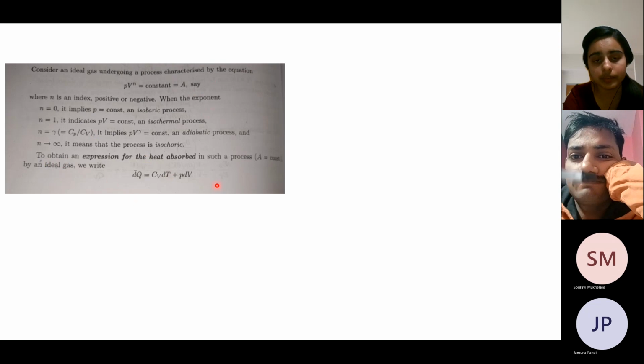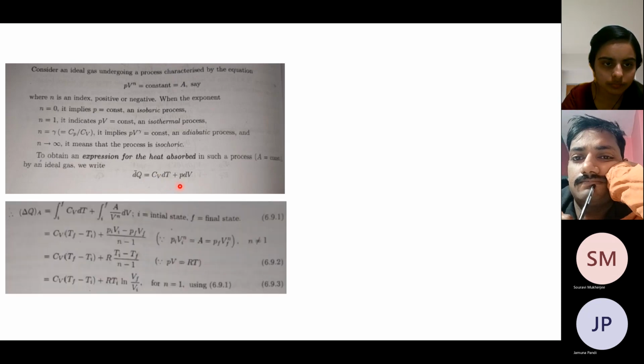Now, from the first law, we know that dq is equal to Cv dT plus P dV, because Cv is given as del u by del T. Now, how do we find the heat absorbed? This is in terms of a differential, so we have to integrate it in order to find the total heat that is absorbed in the process. So here we integrate from the initial state to the final state.